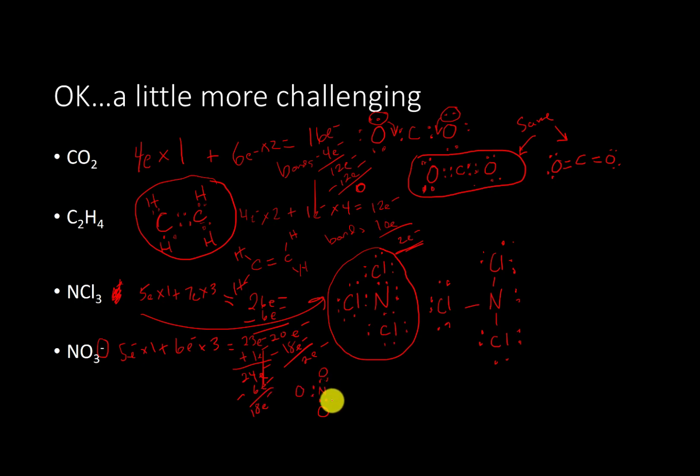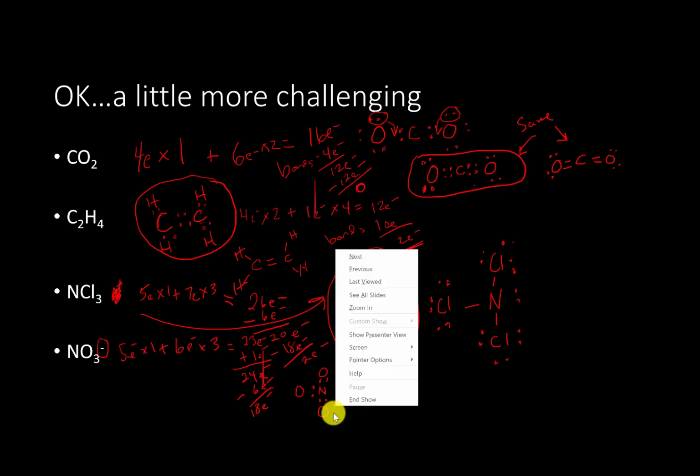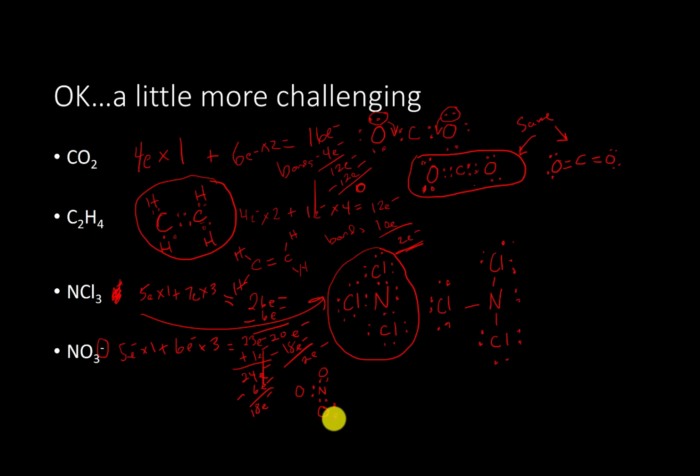Next, the next rule is to fill the outside atoms until their valence shells are filled. So we're going to put 1, 2, 1, 2.